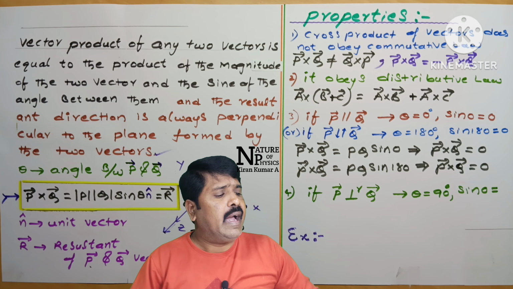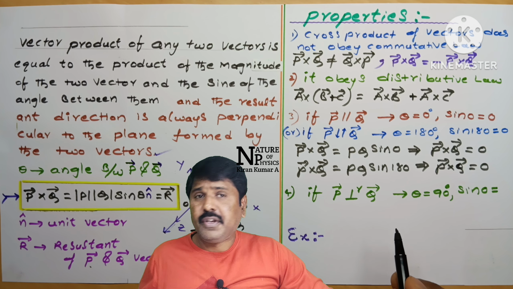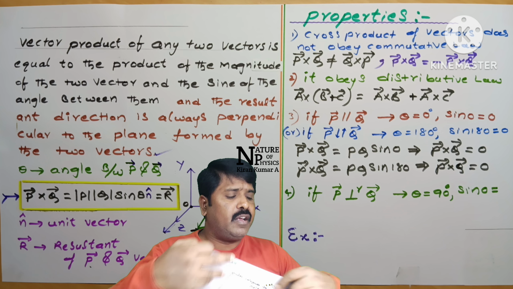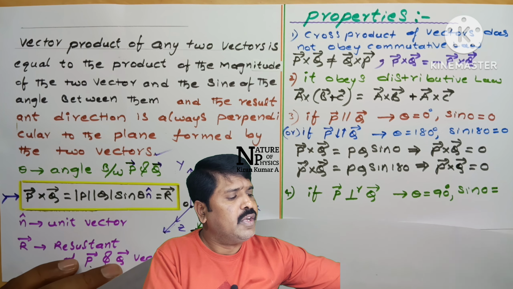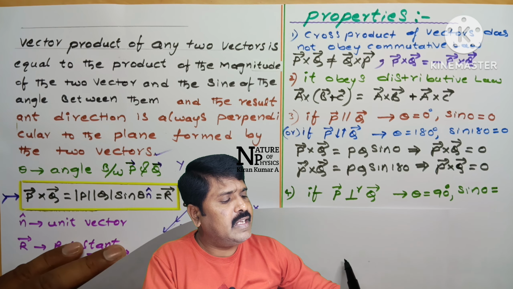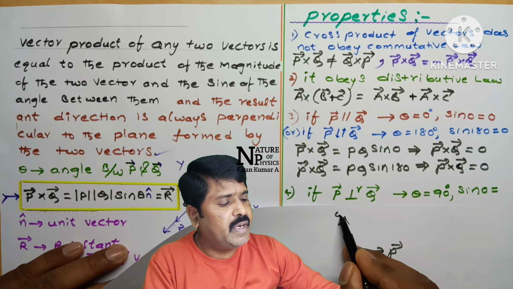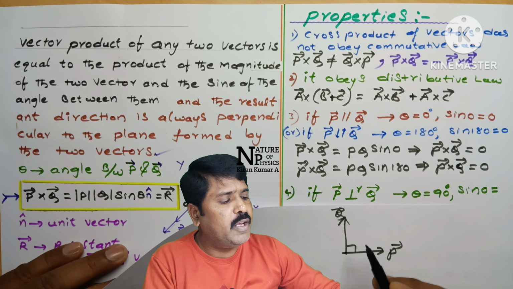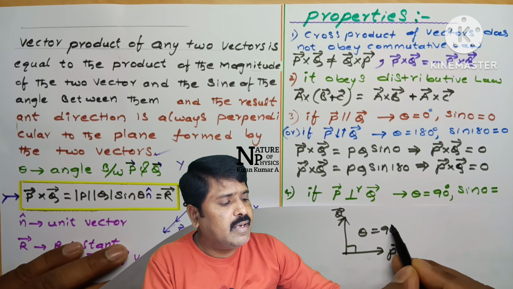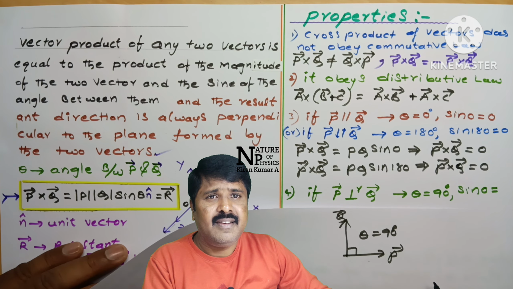And the next one is P and Q mutually perpendicular to each other. I can represent this: here is the P bar vector and this is the Q bar vector, both mutually perpendicular to each other. Theta is equal to 90 degrees.